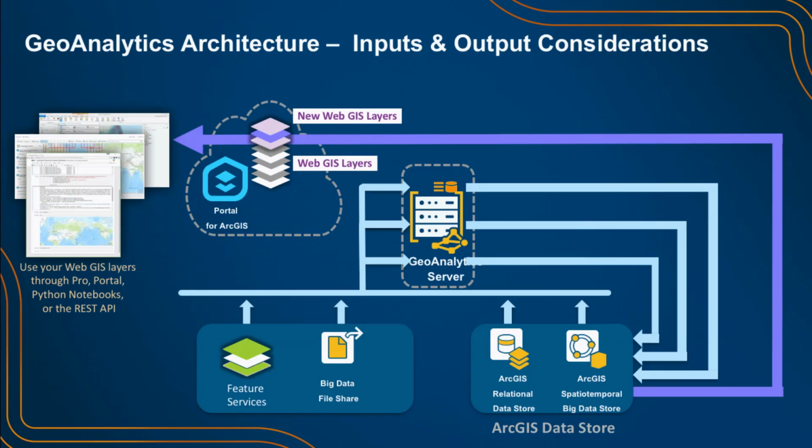In this diagram, what we are seeing is the inputs and outputs. Sarah talked about that earlier. So GeoAnalytics Server supports inputs from hosted feature services that are in your portal, as well as big data file shares and feature services that come from other servers.